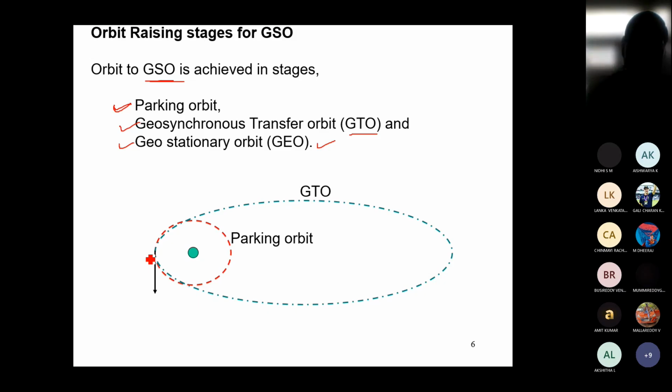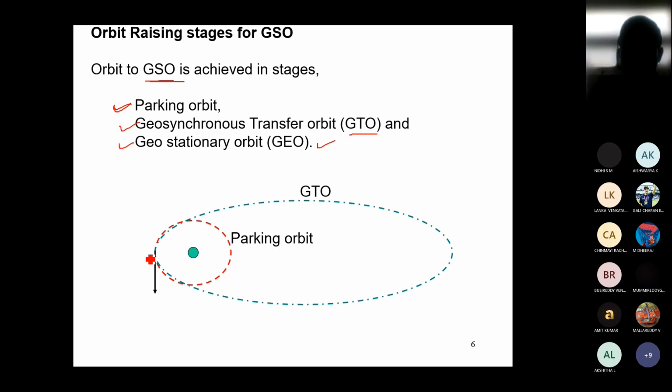Those fuels will be utilized during the journey of the satellite to the orbit. And once the satellite is put into the orbit, gradually different systems will start functioning: the antennas, the solar panels, and all the electronic equipment. Initially all the electronic equipment will be inside a box, so they are in a non-functional condition.